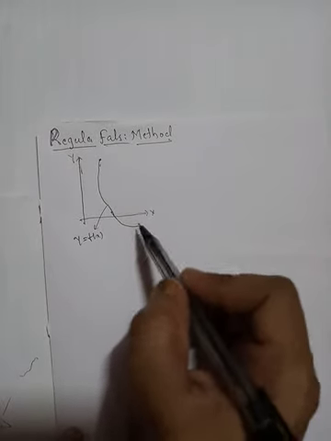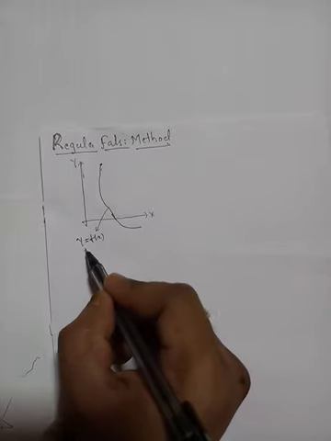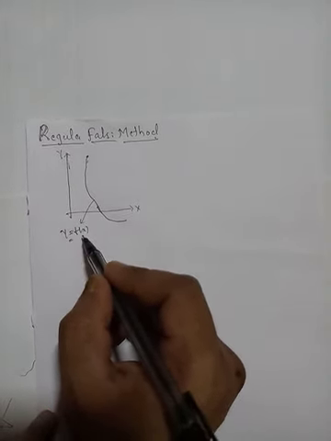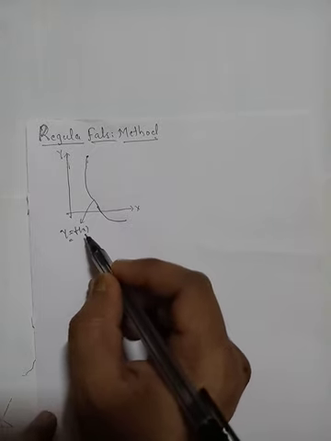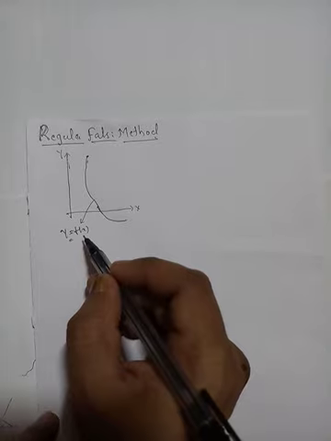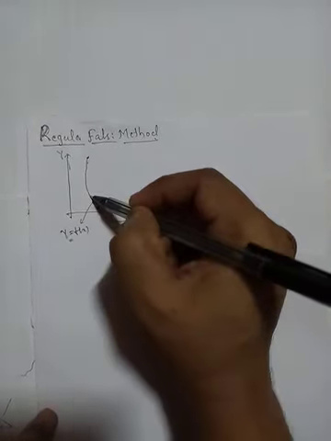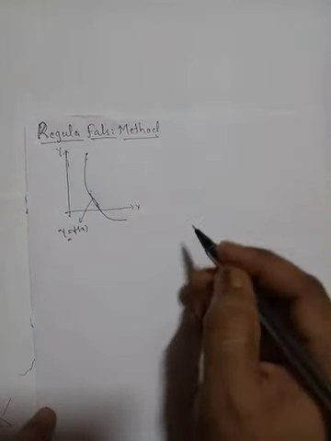This is the general curve I considered. This y equal to f of x may be an algebraic function or it may be a transcendental function. So for our convenience I consider one general curve y equal to f of x.